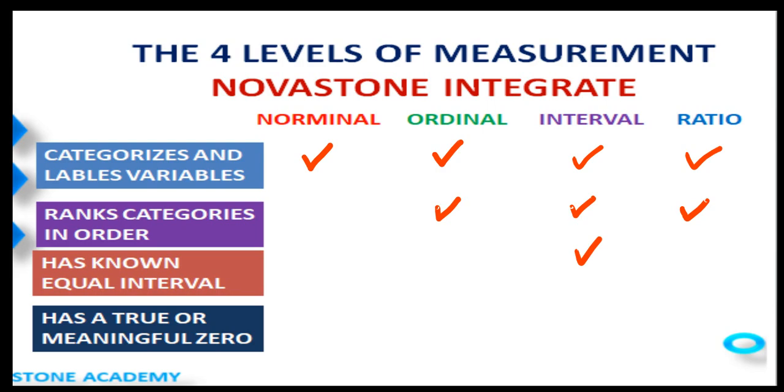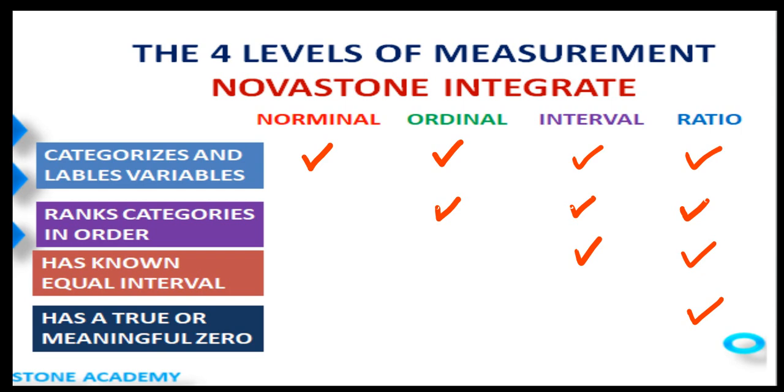The ratio, yes. Then has a true or meaningful zero. So the nominal doesn't have, ordinal doesn't have, interval doesn't have. Only the ratio will have a true meaningful zero. Like age, you can have an age of 0. Okay, such kind of things. So it's very important that you understand those ones.